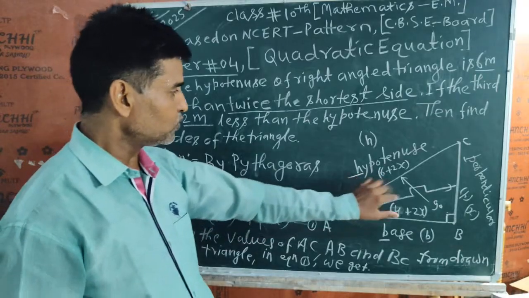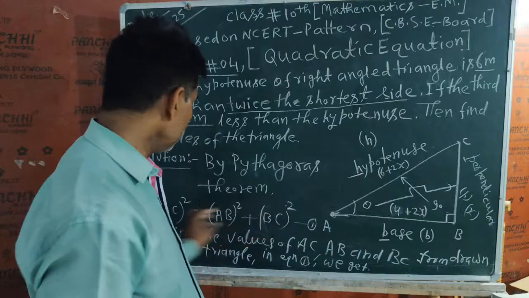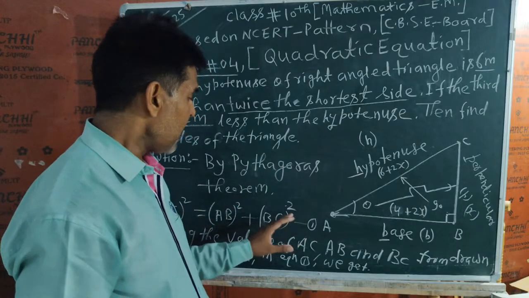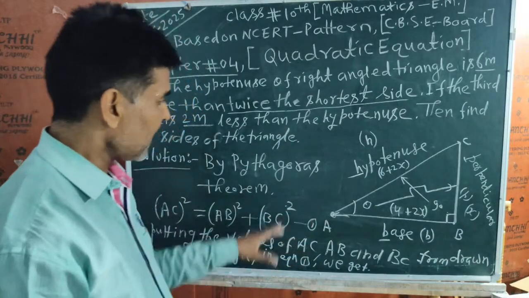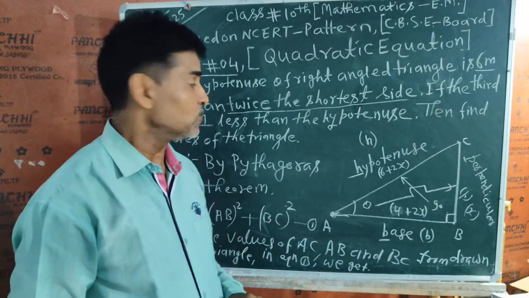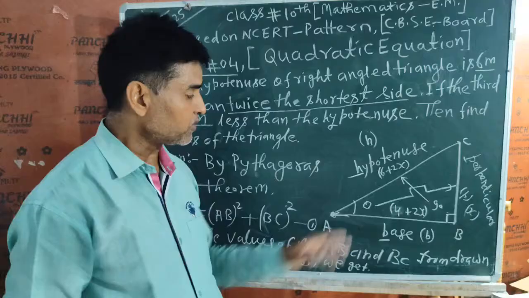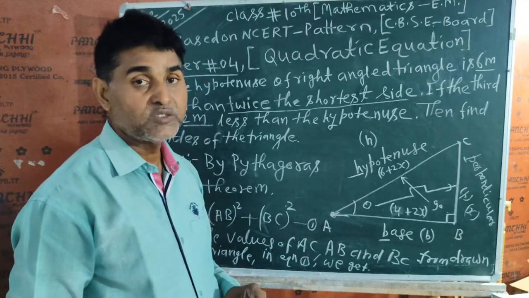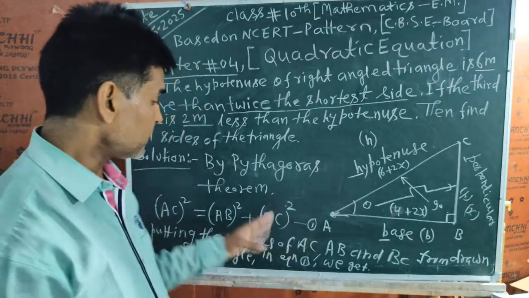I will substitute this information from this triangle into the given equation and identity, and after calculating I will obtain a quadratic equation, and that quadratic equation will have two roots, and after getting two roots I will decide which value will satisfy this condition.